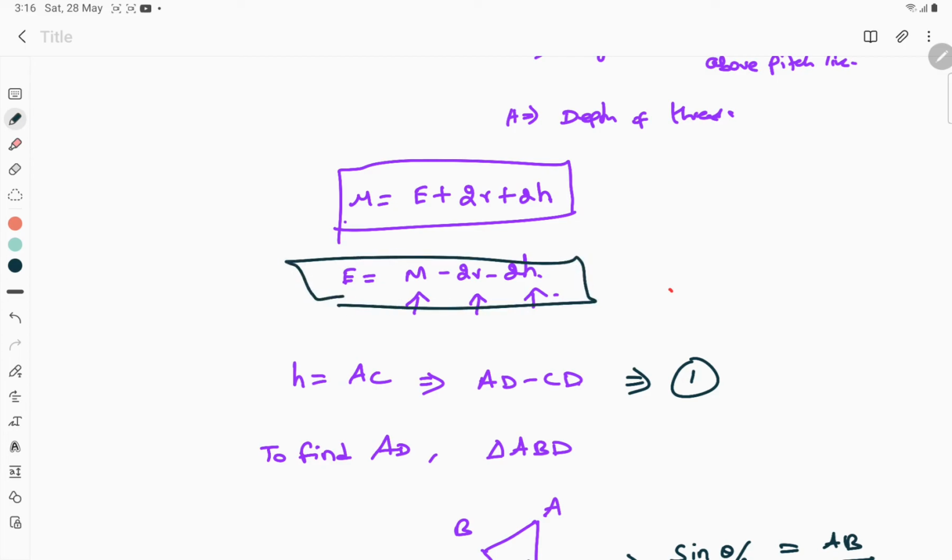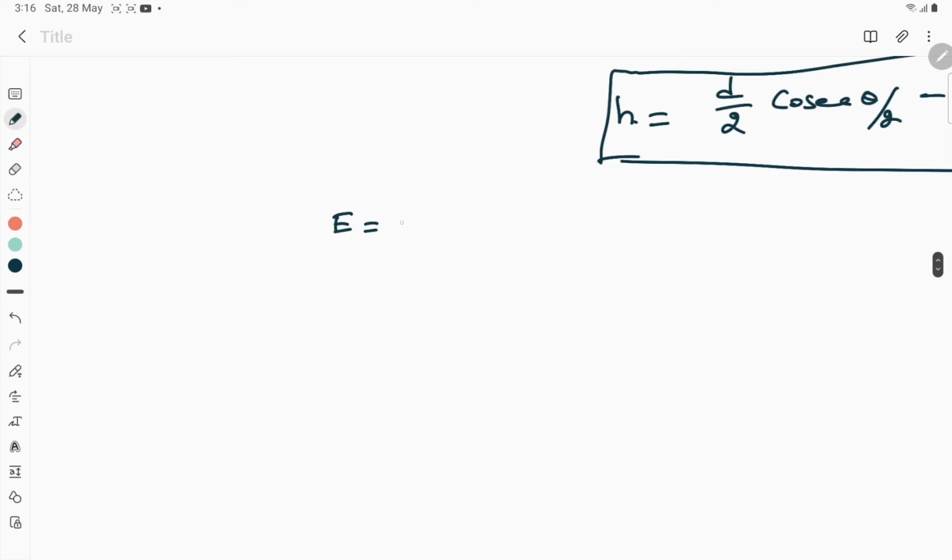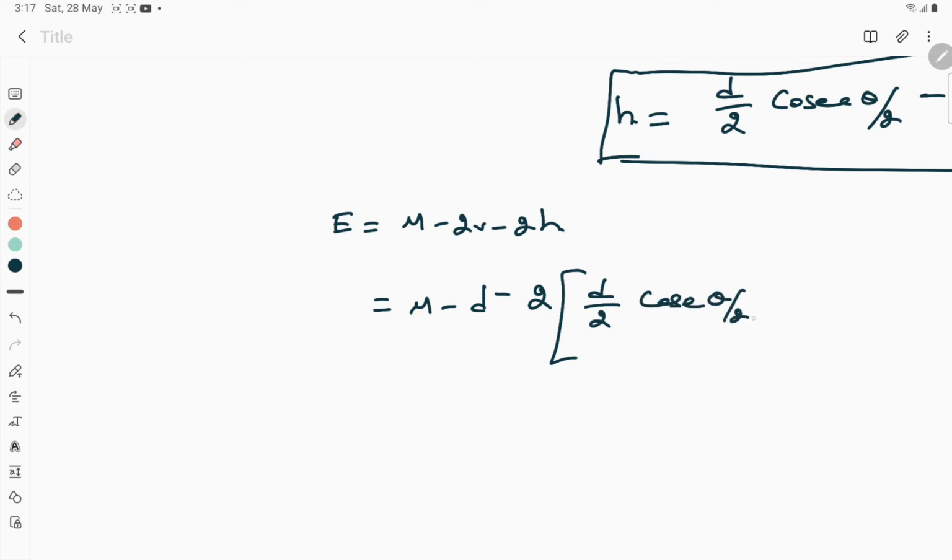E is equal to m minus 2r minus 2h. So m minus 2r is nothing but diameter, minus 2 times h, which is d by 2 cosecant theta by 2 minus p by 4 cot theta by 2.